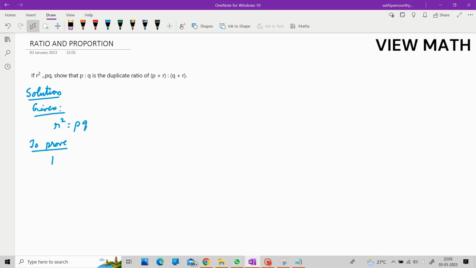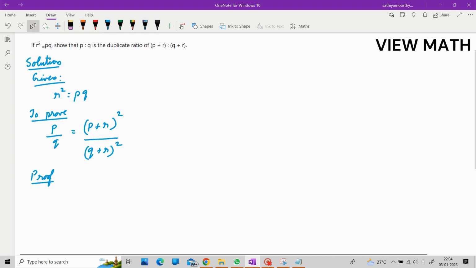So they are asking us to prove p by q is equal to the duplicate ratio of p plus r. The duplicate ratio is p plus r the whole square and q plus r the whole square. This they are asking us to prove. So let me take the proof part.